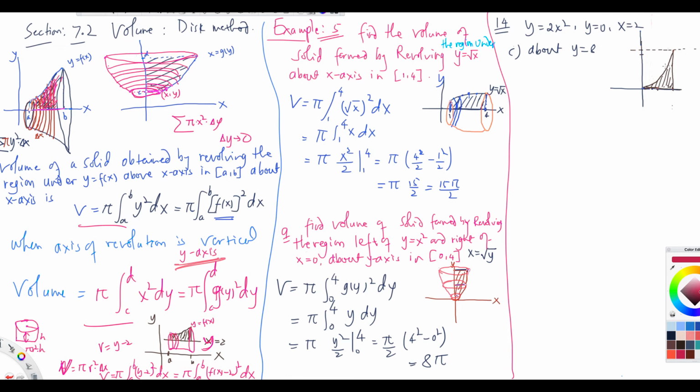If you revolve this solid region about this line, it will look like this. When you revolve this around that line, the leftmost disc will look like that, and the rightmost will look like this.